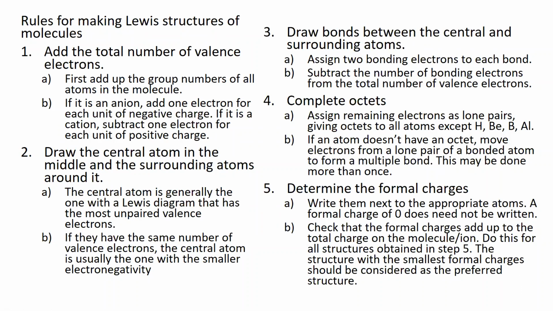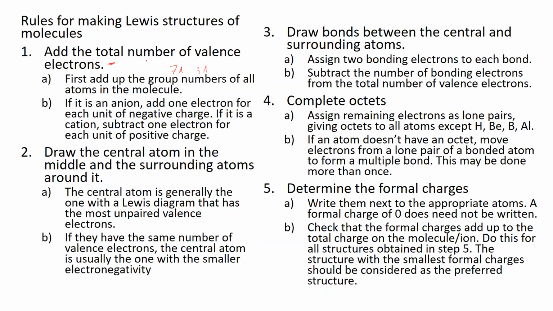So the rules for making Lewis structures are as follows. We're gonna add the total number of valence electrons in the molecule that we're given, okay? And to do that, really all you have to do is add up the group numbers of all the atoms in the molecule. When we say group numbers, we're talking 7A, 3A.